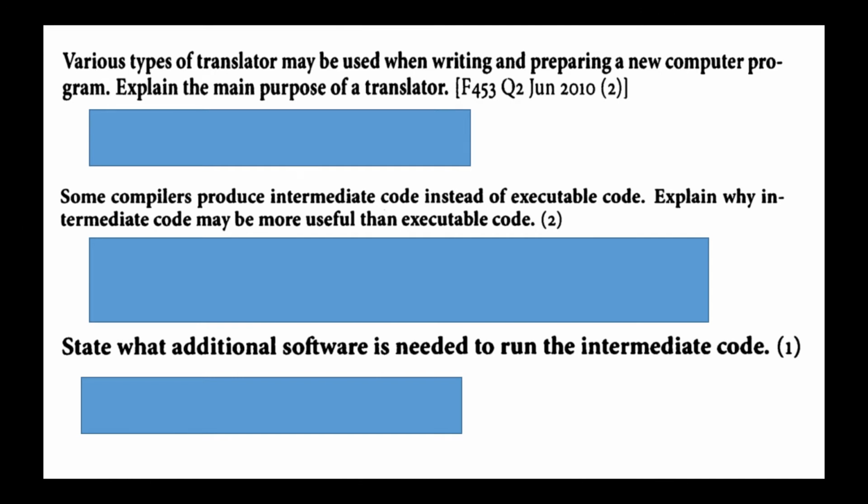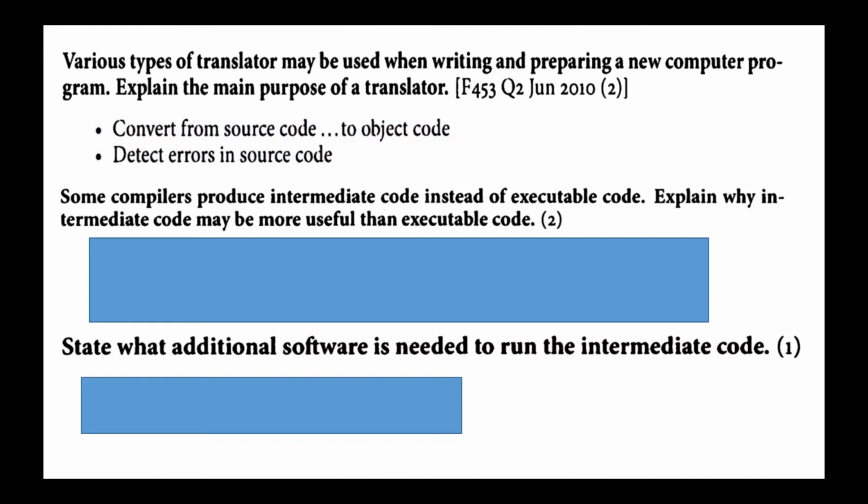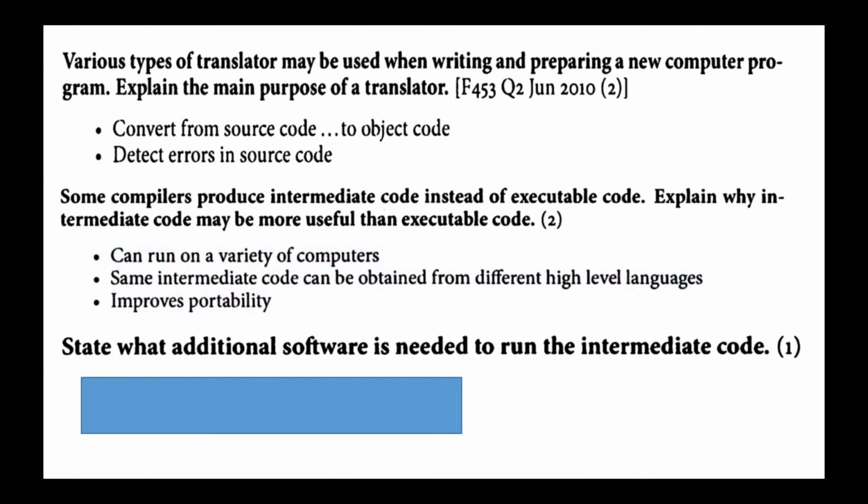The main purpose of a translator is to convert from source code to object code and detect errors in the source code. Intermediate code is more useful than executable code because it can run on various computers. The same intermediate code can be obtained from different high-level languages. It improves portability.